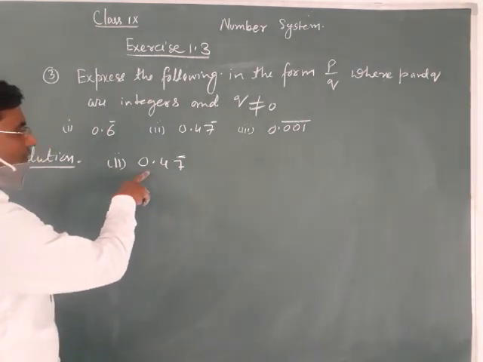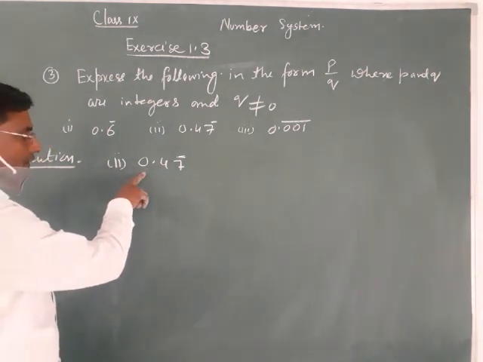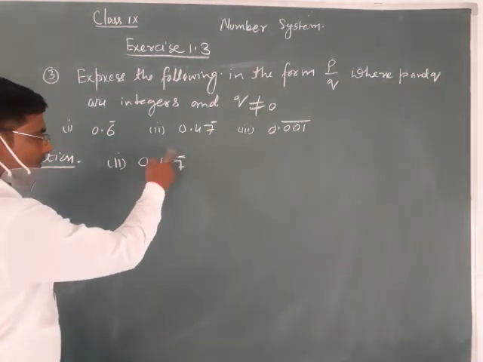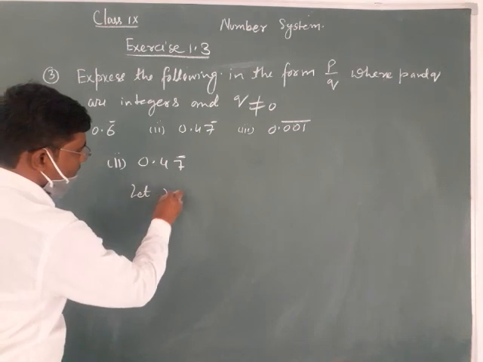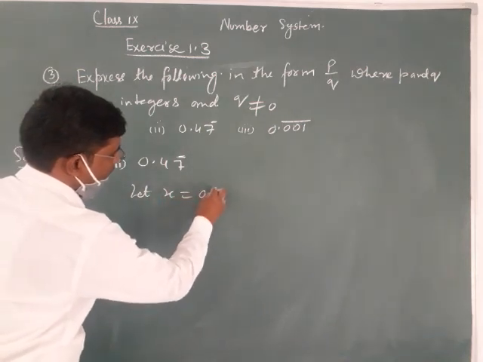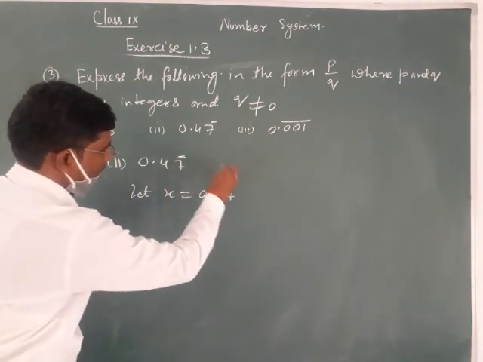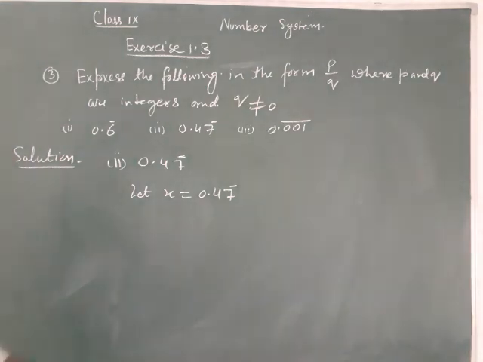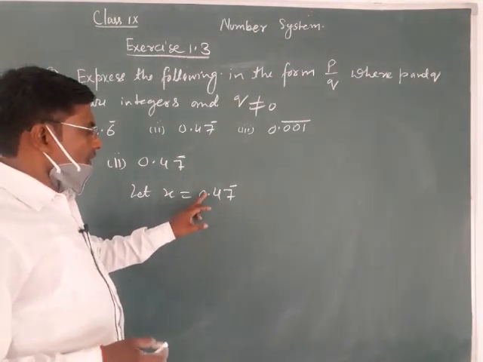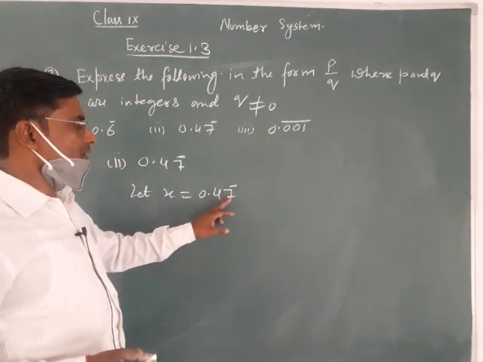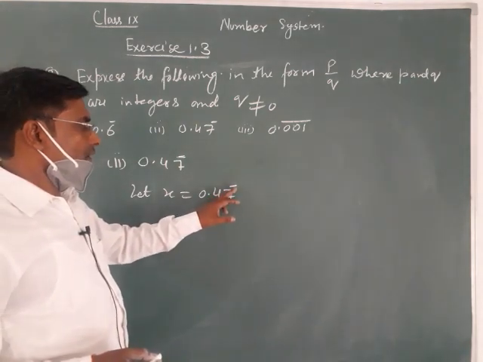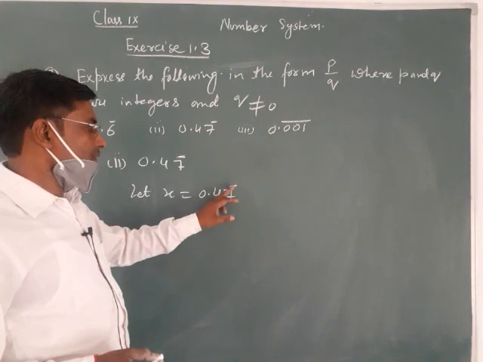So now multiply by 10 this given. Let x is equal to 0.47 bar. The bar is just after the point and 4, so only the 7 is repeating.